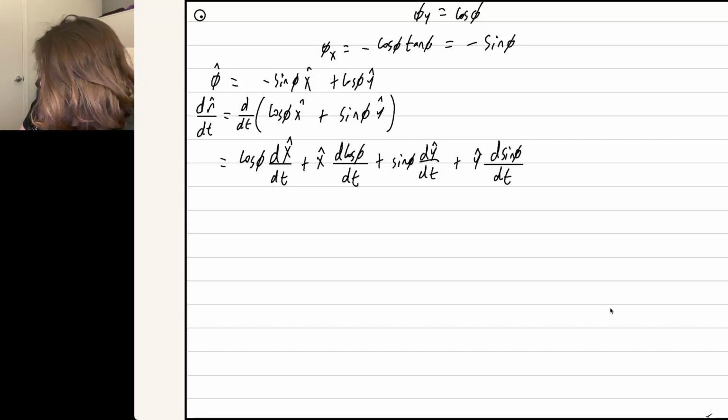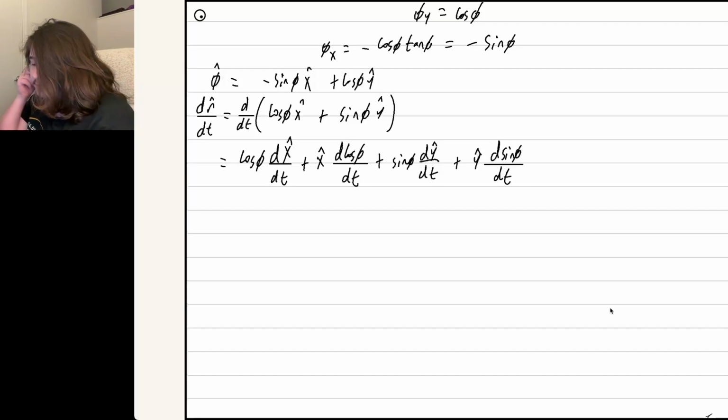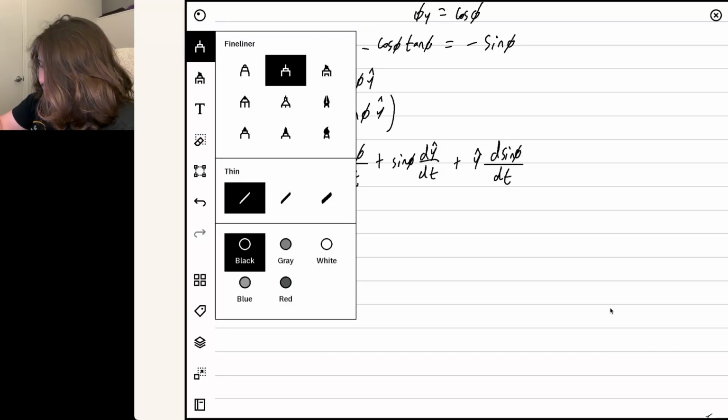That's the product rule done. The time derivatives of the Cartesian coordinate unit vectors are all 0, so we can go ahead and knock all of those out.